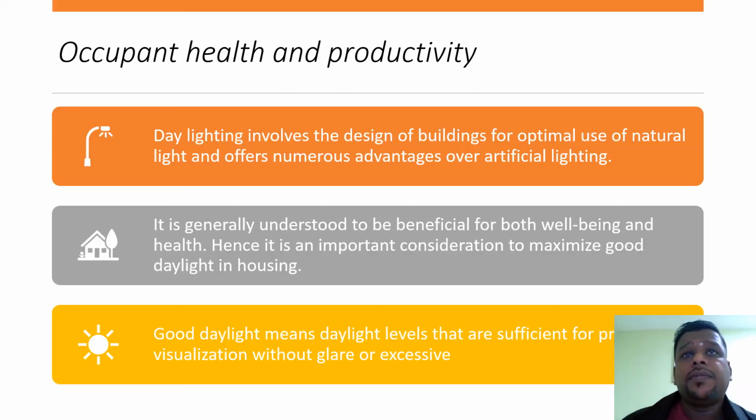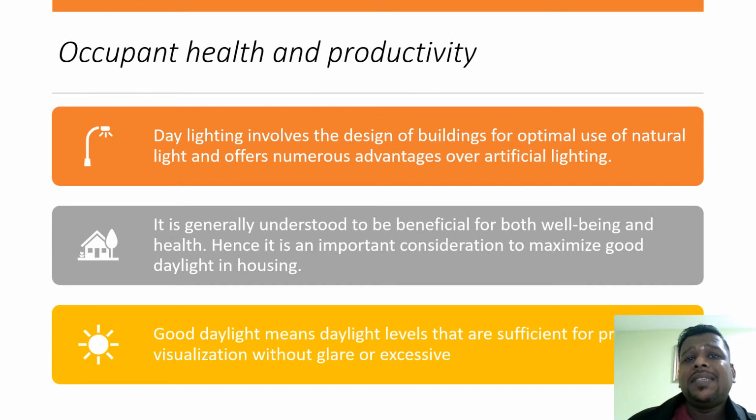Daylighting involves the design of buildings for optimal use of natural light and offers numerous advantages over artificial light. It is generally understood to be beneficial for both well-being and health, and it is an important consideration to maximize good daylight in a house.